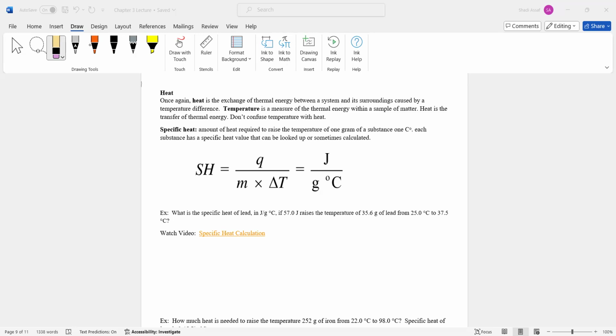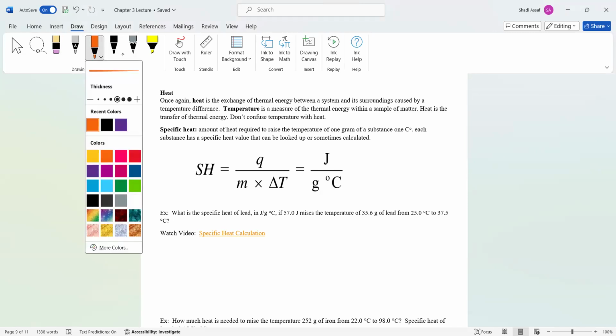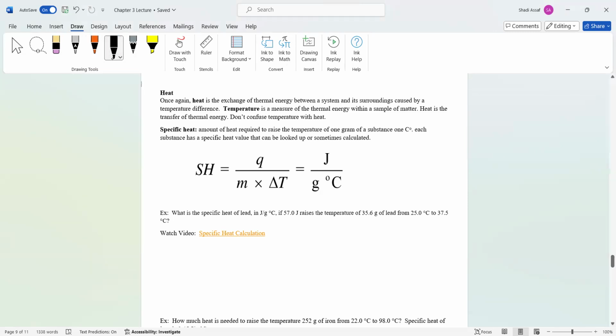Now, when it comes to specific heat, which is also an important concept to describe here, specific heat is defined as the amount of heat required to raise the temperature of 1 gram of a substance 1 degree Celsius. I mean, just think about it, right?